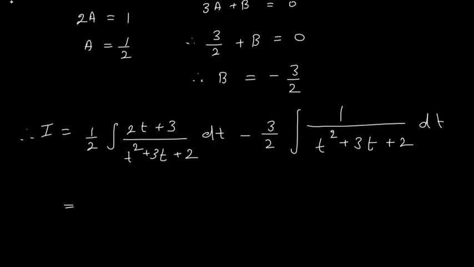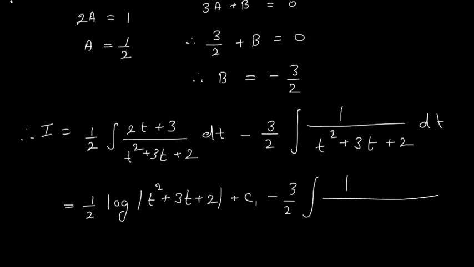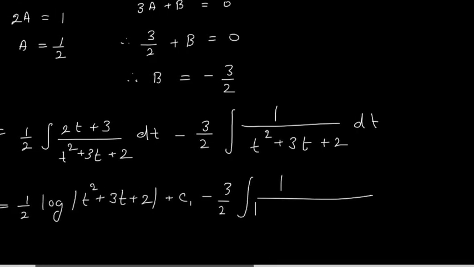This left part is 1 upon 2 log of t square plus 3t plus 2, and for this we take one constant c1, minus 3 upon 2 integration of 1 upon... I can write this as I1 and simplify I1 separately, or here itself we can do the simplification.